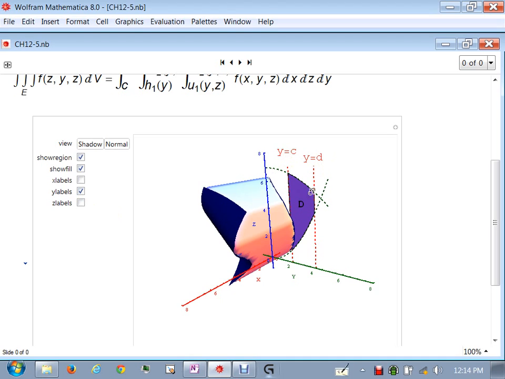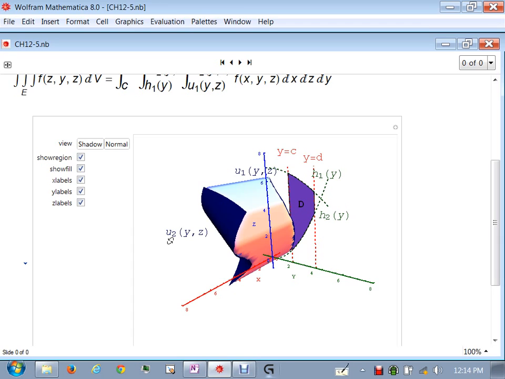You have that your z's are between two functions of y, and you actually have two caps on this thing, u1 and u2, that are functions of y and z instead of x and y. And so that could become a completely different animal, couldn't it?